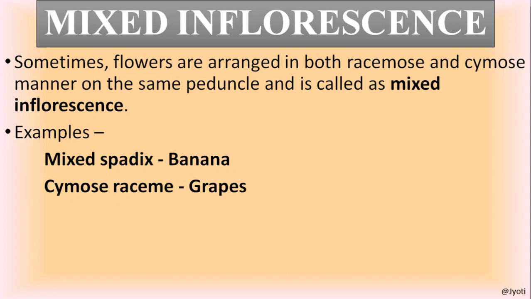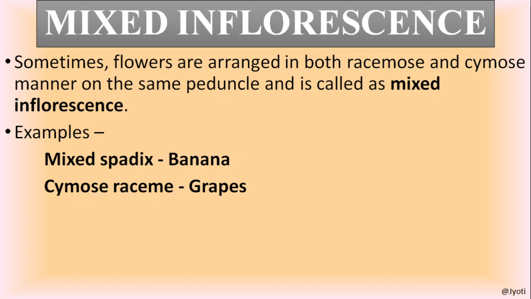Then the last type of inflorescence is mixed inflorescence. Sometimes the flowers are arranged in both racemose and cymose manner on the same peduncle, and this is called mixed inflorescence. Like in spadix, that is in case of mixed spadix.